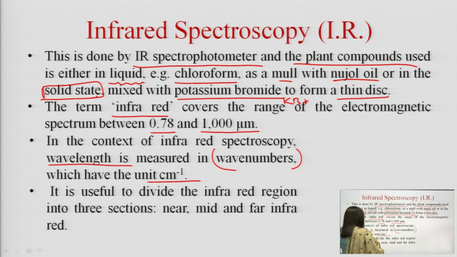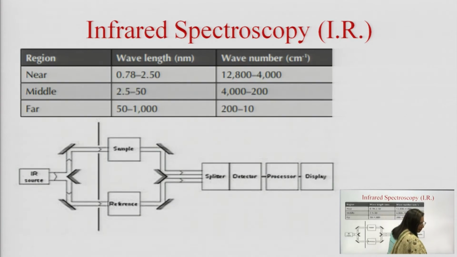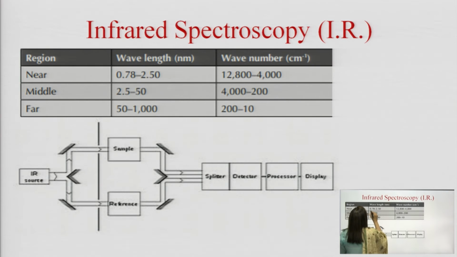It is useful to divide the infrared region into 3 sections: near, mid and far infrared. Near infrared has the wavelength from 0.78 to 2.50 and the wave number as such. Then mid IR is from 2.5 to 50, while far is from 50 to 1000.